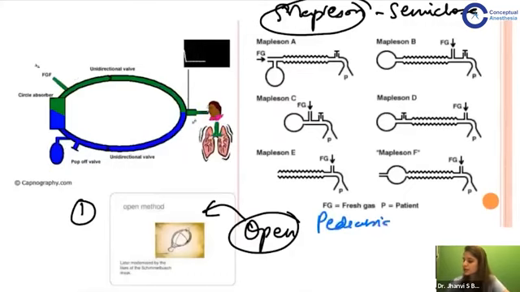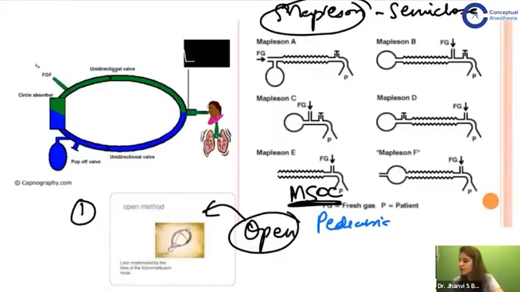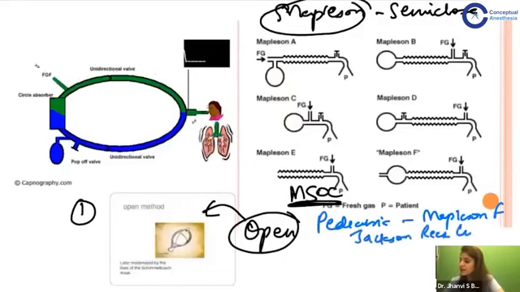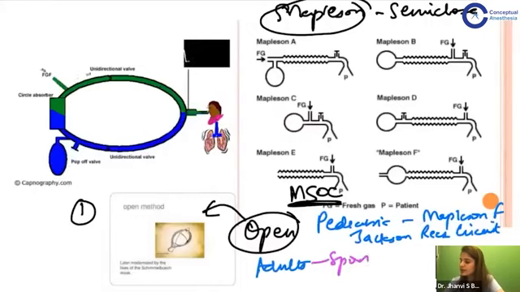The first question is Mapleson system of choice in pediatrics. Okay, I'm writing this over here. Mapleson system of choice as MSOC. Mapleson system of choice in pediatrics is Mapleson F. Okay. This can also be called Jackson-Rees circuit. The next question they will ask is in adults for spontaneous ventilation and in adults for controlled ventilation.